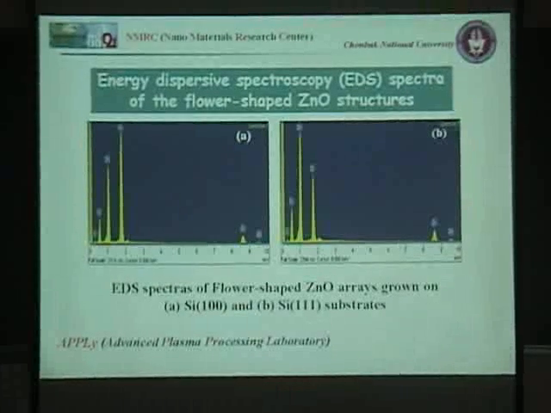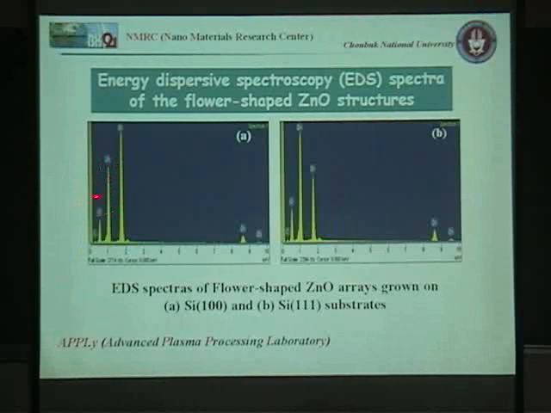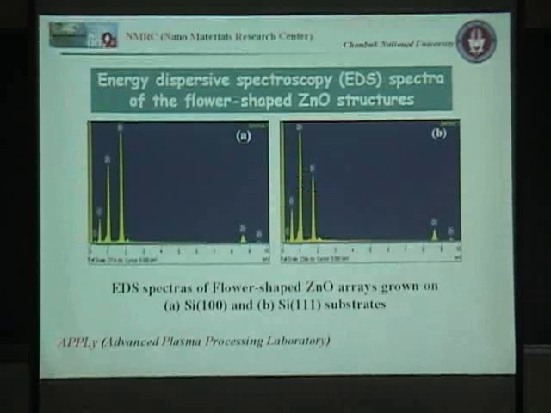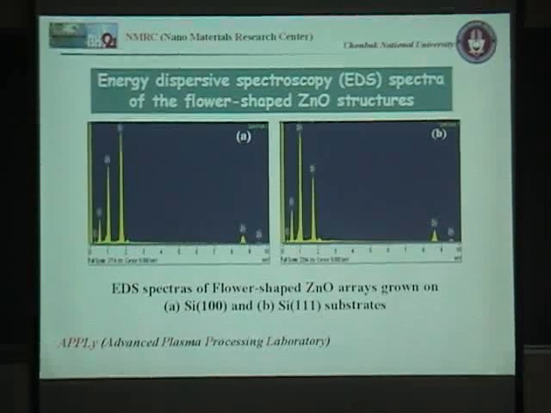From these spectra we can see that these structures are composed of zinc and oxygen only, while we also observe silicon and carbon signatures. The silicon signature is because of the substrate, while the carbon signature is because of the carbon coating on the FE-SEM grid.